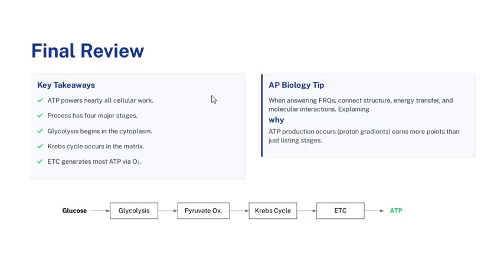And just one important AP biology tip is that the FRQs did mess me up. When you're answering the FRQs, make sure to connect structures whenever you can, and understand the energy transfer or molecular interactions, because ATP production occurs when there's a proton gradient.